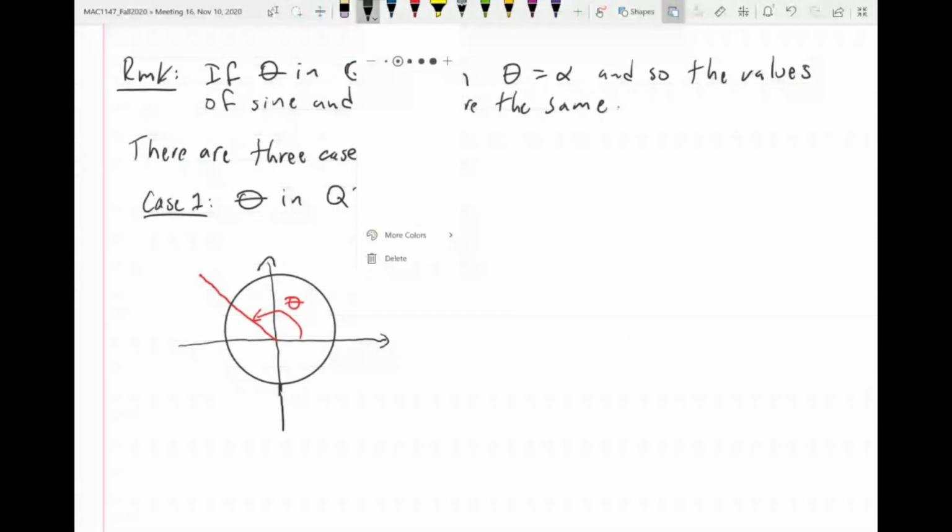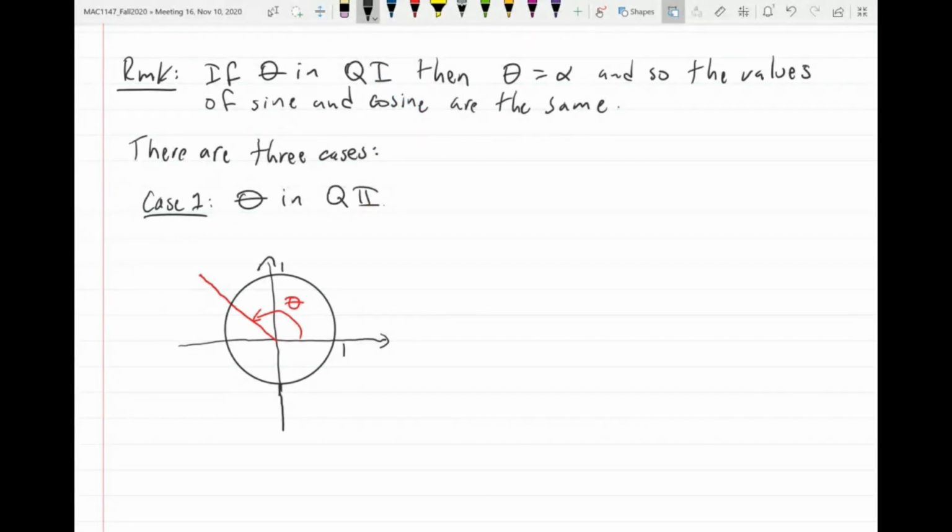Okay, imagine that that's a circle with center at (0, 0). Okay, so we have our unit circle. So this is 1, 1, -1, -1. And then we have theta over there. And then this guy right here is alpha. Okay, so I want you to look at the following picture.